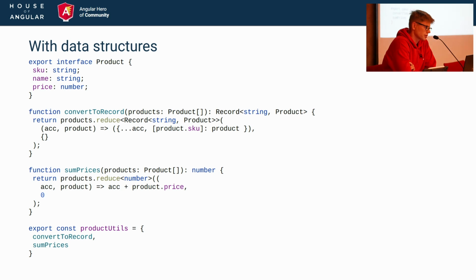So you can see that those functions don't have any other dependencies. They are dependent only on the product interface, which makes it really easy to recognize where to put those functions. I've seen in many projects that there is a lot of duplication when we want to, for example, convert some array of some type to the record.